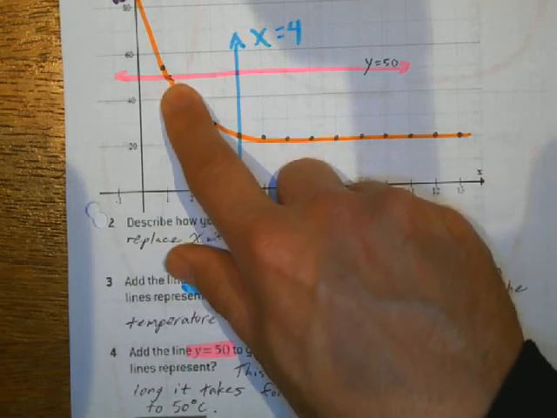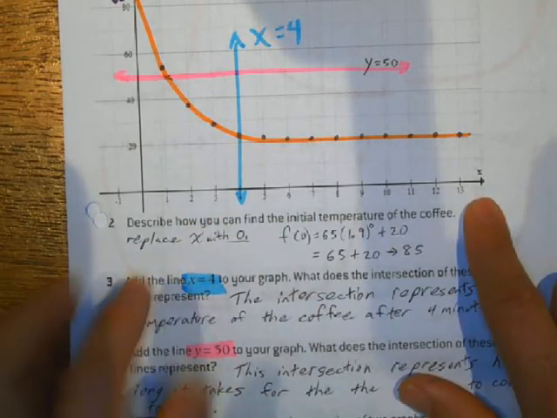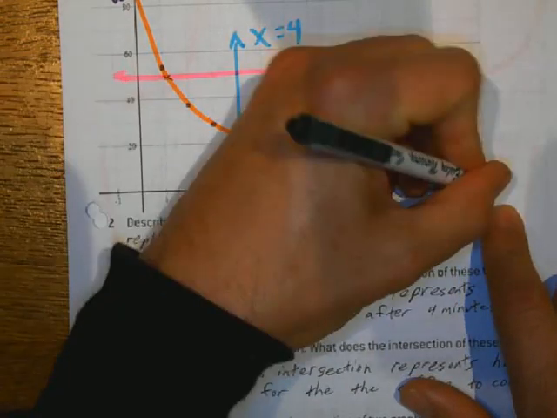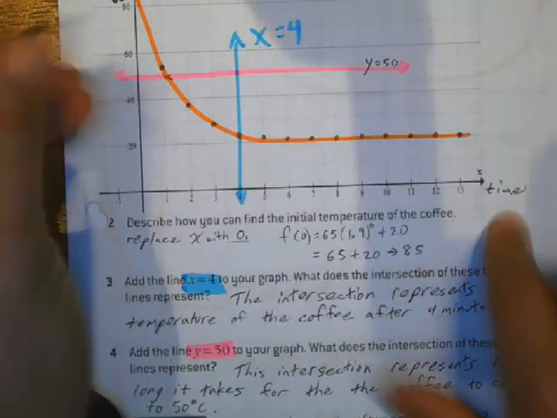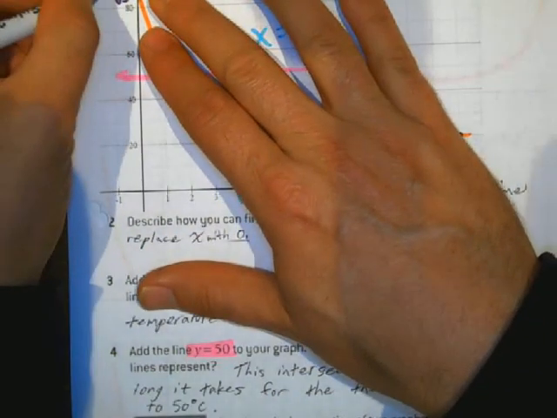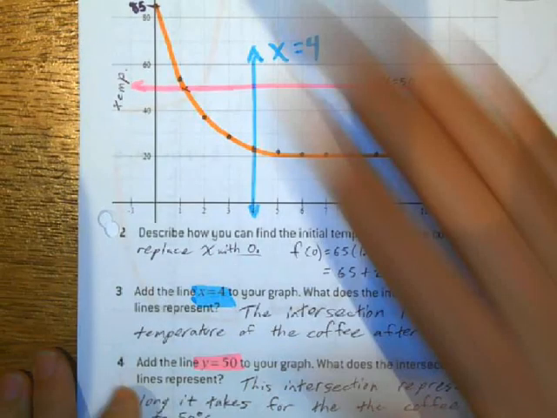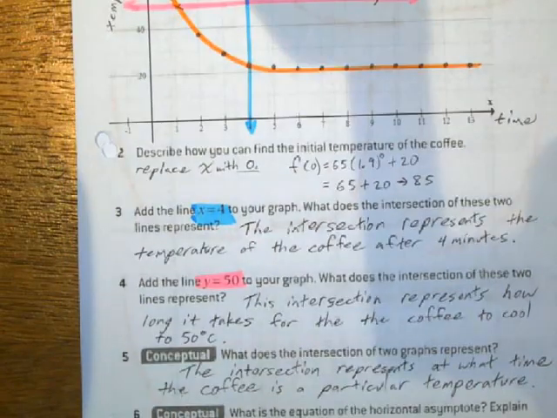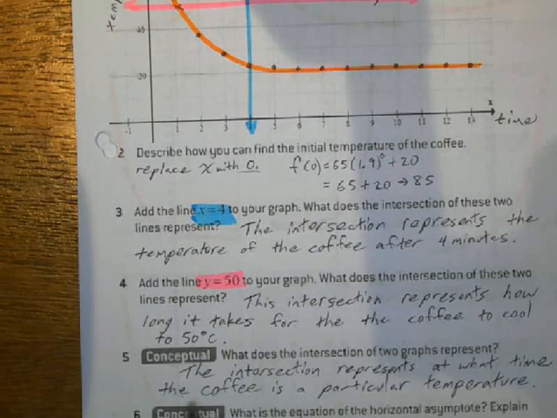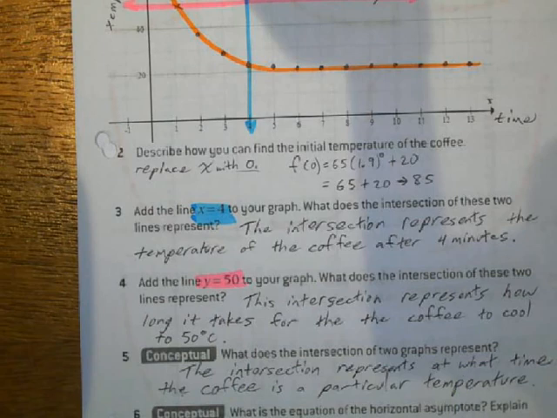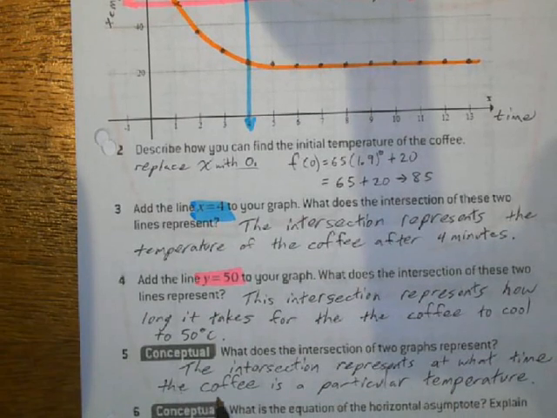Okay, because this x-axis is time and the y-axis is temperature. Okay, question 5. What does the intersection of the two graphs represent? So the intersection of the graphs represents what the time is going to be for the coffee to be at a particular temperature.